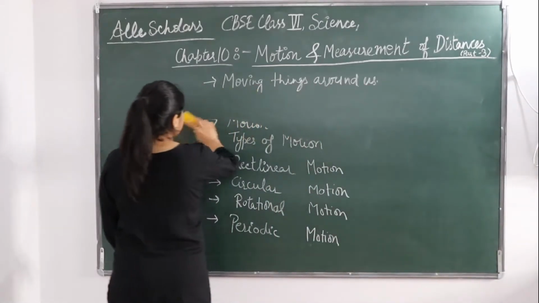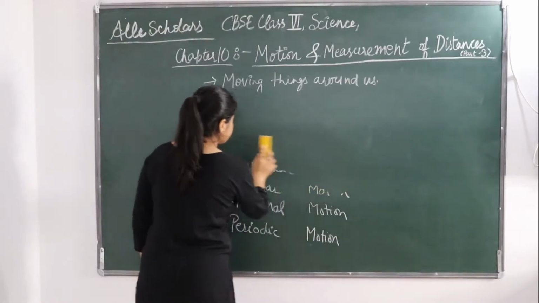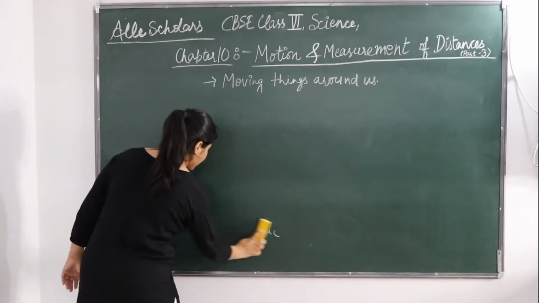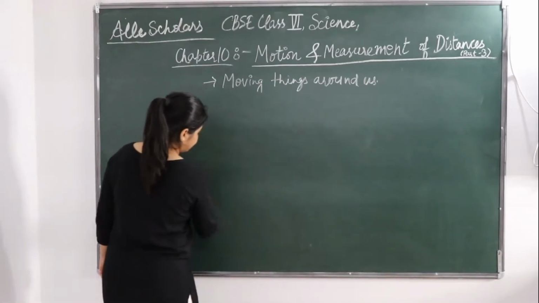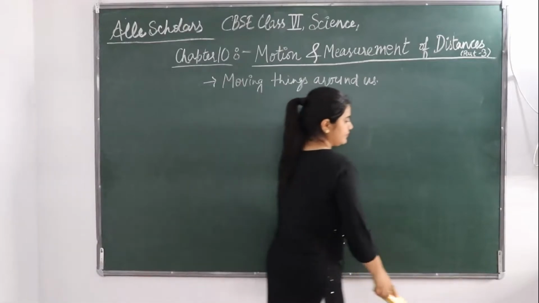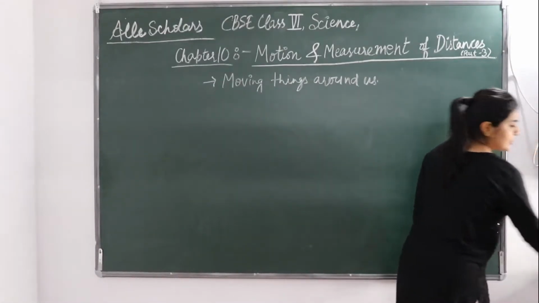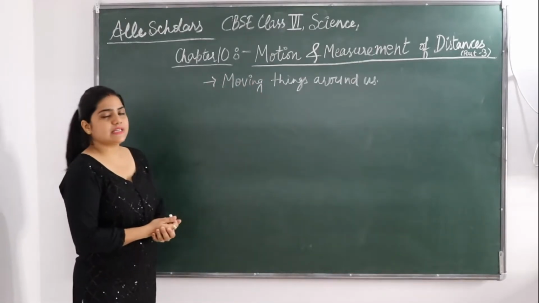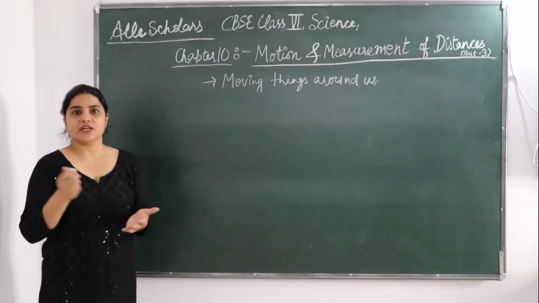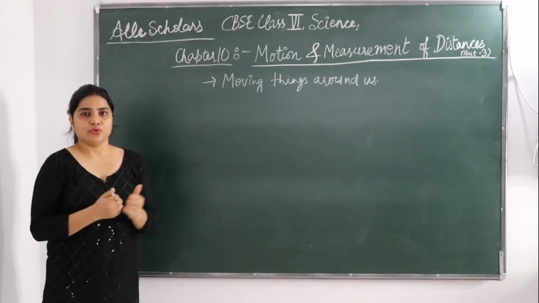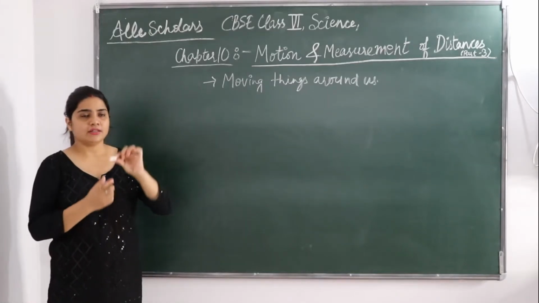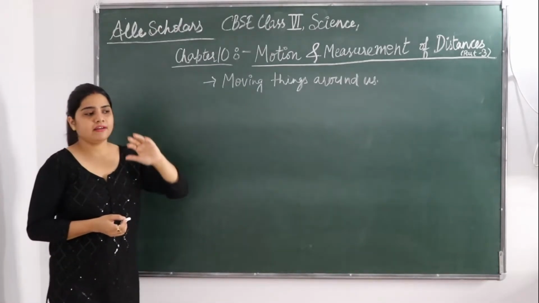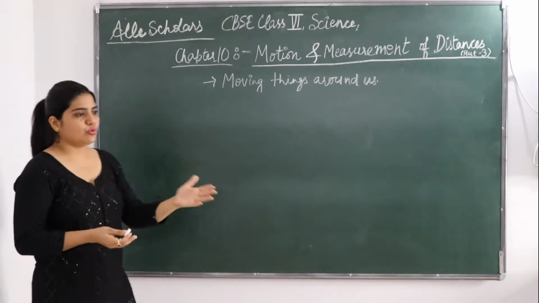So first, let us look at the objects that are moving around you. If you see things or objects which you have recently used or which are around you, you can see this chalk, this board, light, fan and your school bag.